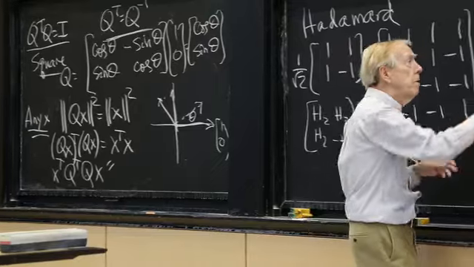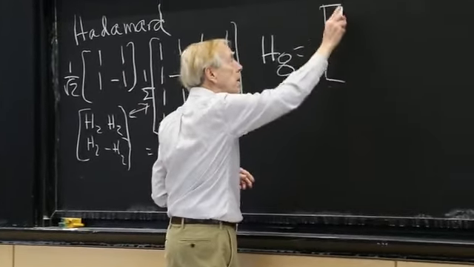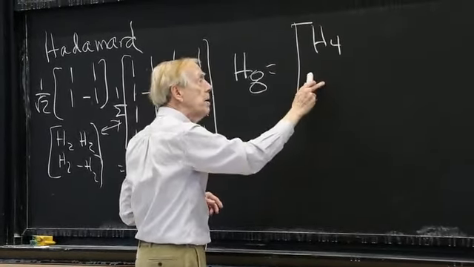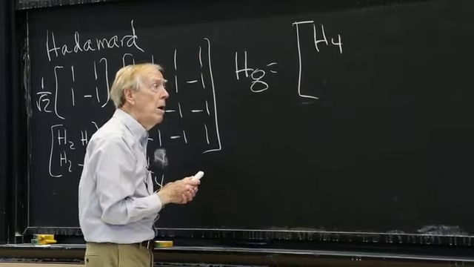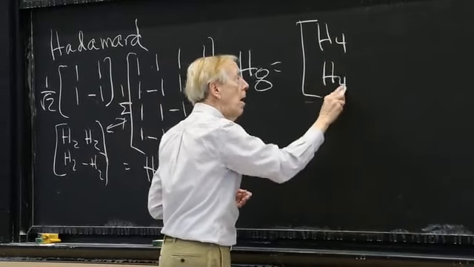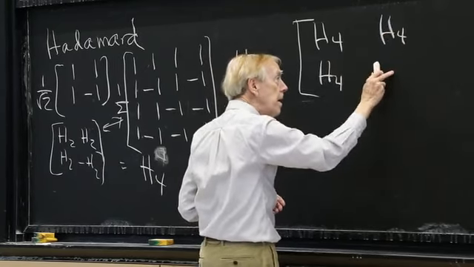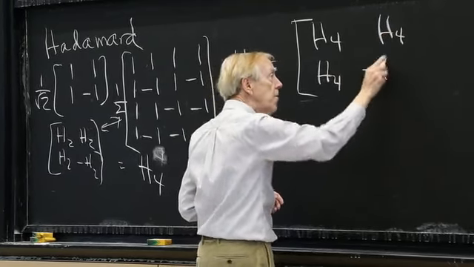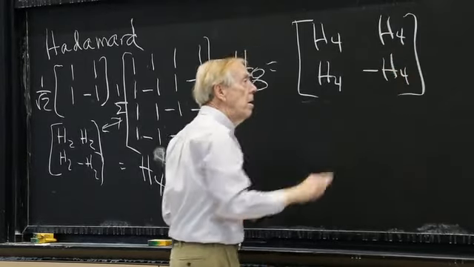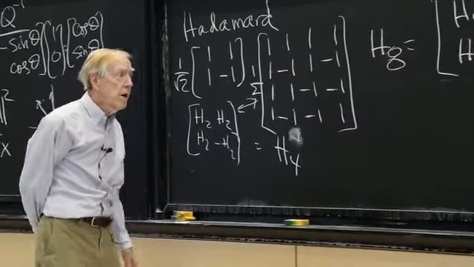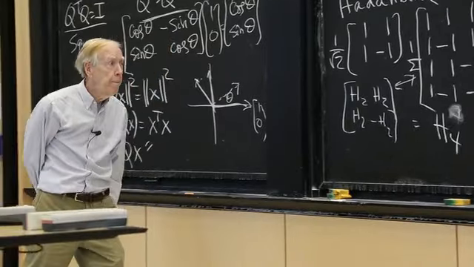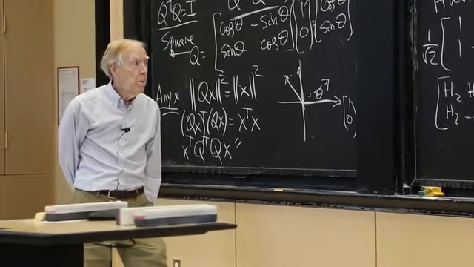I'm going to put an H4 there, another H4 here, another H4 up here, and finally minus H4 here. And I think I've got orthogonal columns again, right?